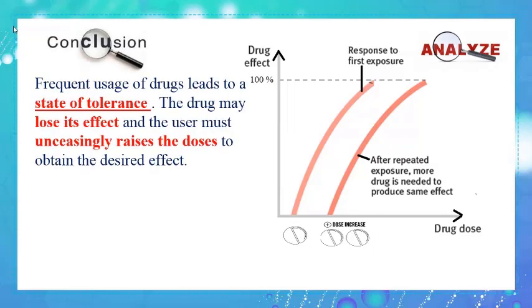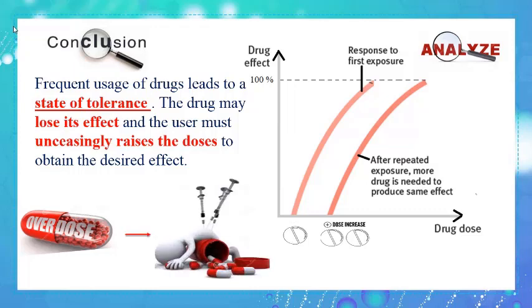Then, frequent usage of drugs leads to a state of tolerance. The drug may lose its effect, and the user must unceasingly raise the doses to obtain the desired effect. So, an overdose of any drug may lead to death.